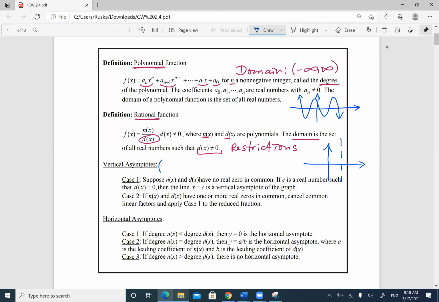If you have one restriction in the domain, there's going to be one vertical asymptote. If there are two restrictions, there are going to be two vertical asymptotes. So the vertical asymptotes, VA, are vertical lines, and you get those from the restrictions from the domain.